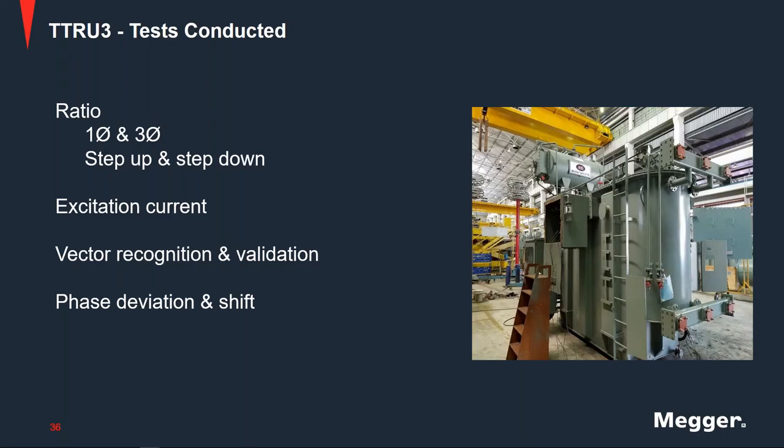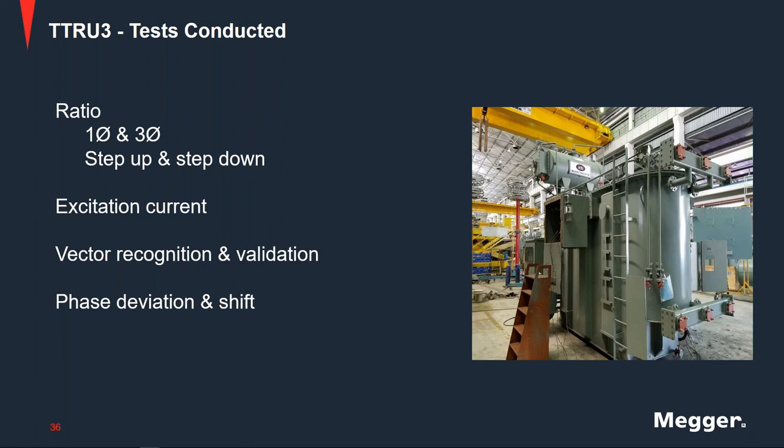So let's say, yes, it was a Dyn1, but how far off is each phase deviating? This will happen sometimes when you have shorted windings and turns, you'll see a higher phase deviation. So it's important to also show that measurement alongside your excitation current and your ratio.